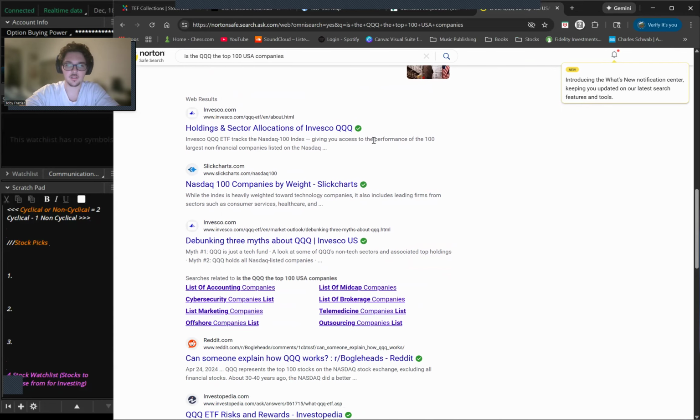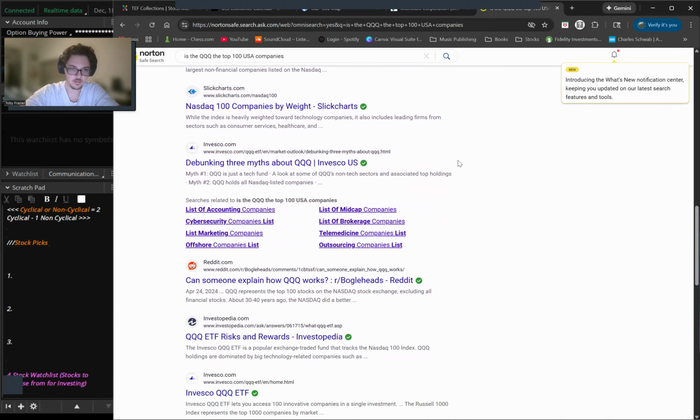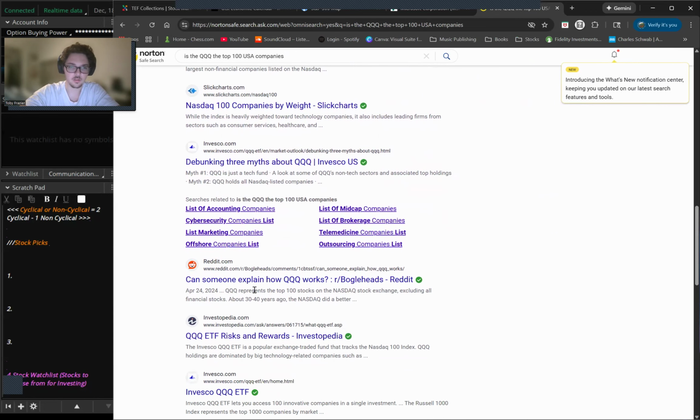It says performance of the 100 largest companies. QQQ represents the top 100 stocks.